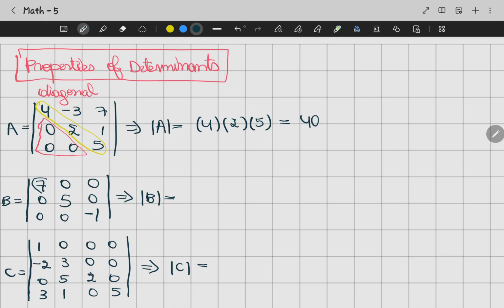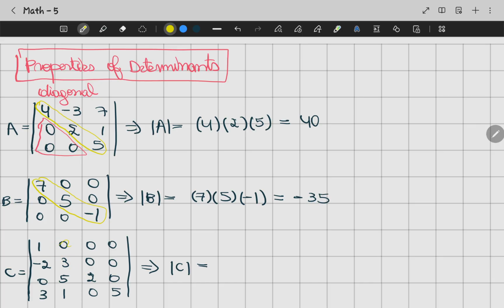You can see we have this diagonal. So the answer to this matrix would be 7 times 5 times negative 1, which will give us negative 35. And let's just continue.